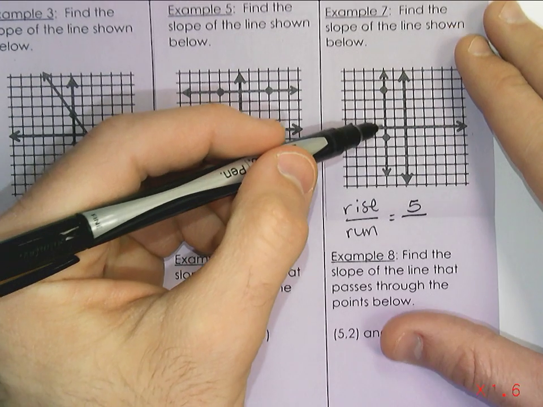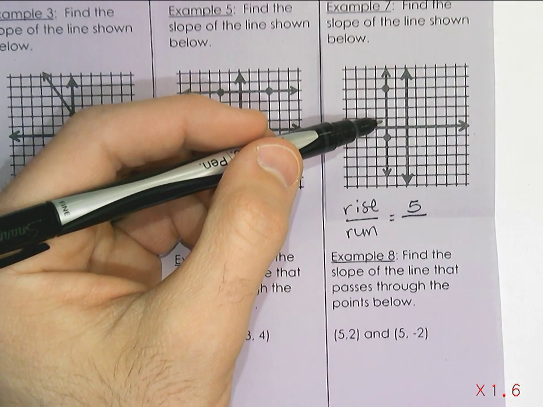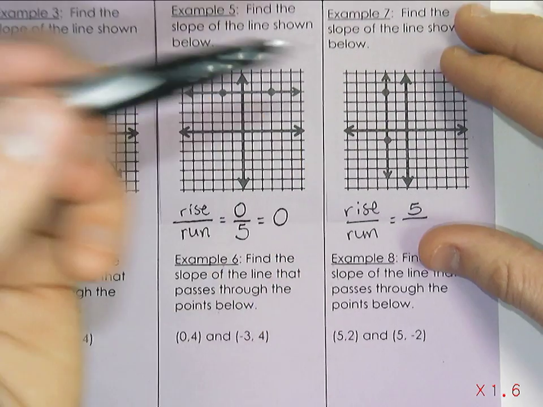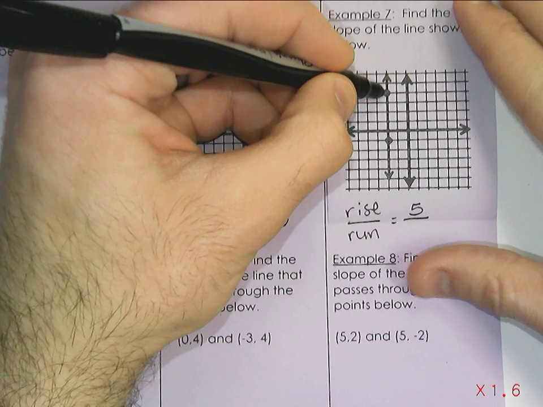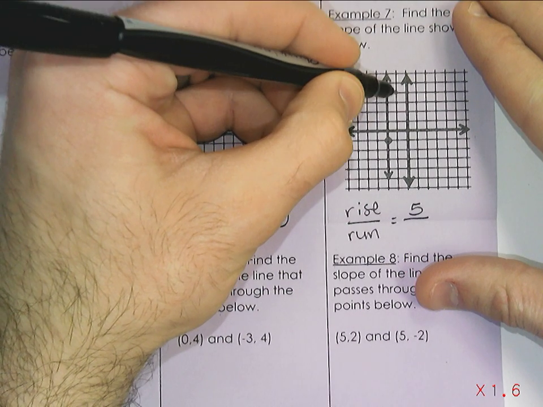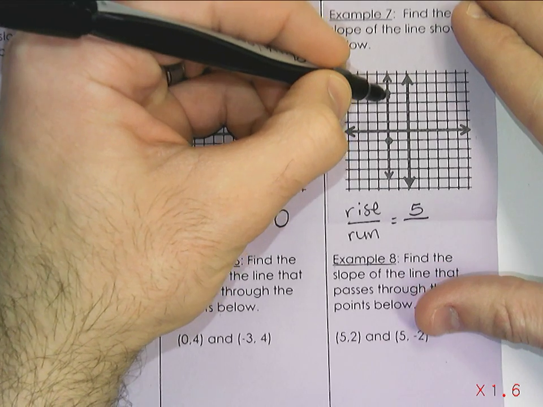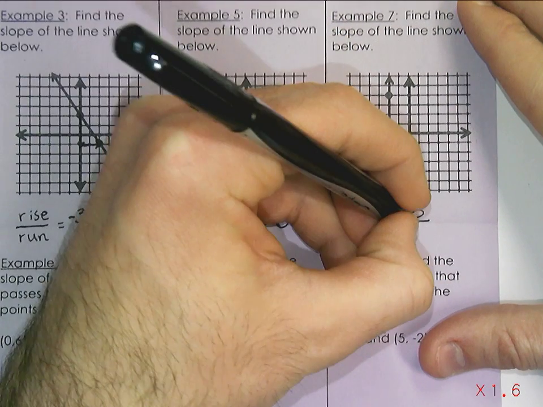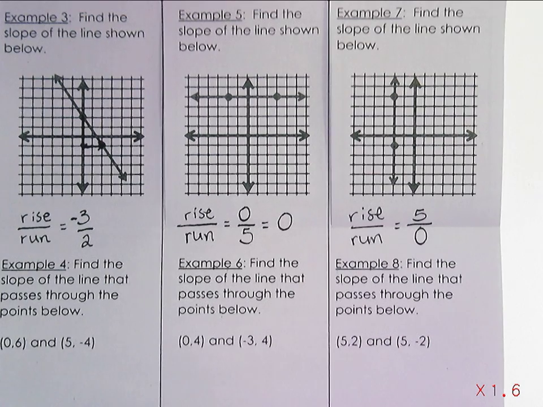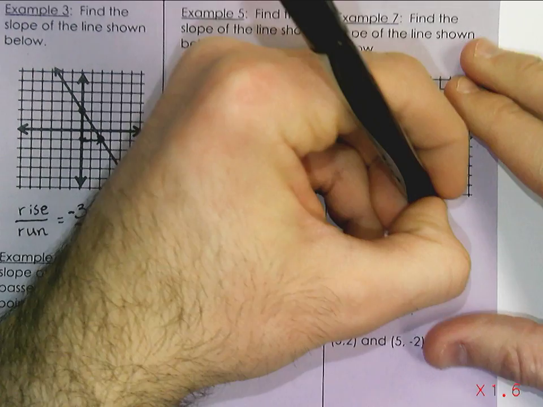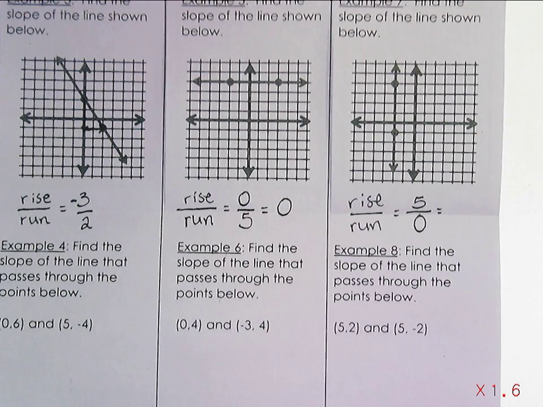And my run, remember, this is how far I'm moving to the left or right. And typically we're moving to the right. So if I'm going from this point to this point, am I moving to the left or right at all to get there? Well, that answer is no. So this is over 0. If you ever have a number over 0, so 0 in the denominator, you can't do that.